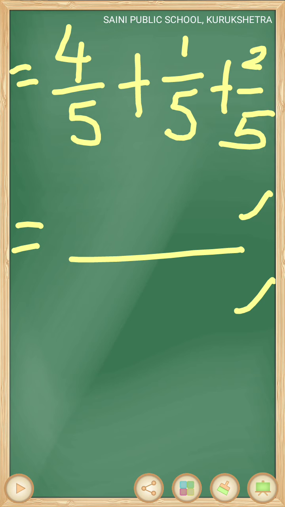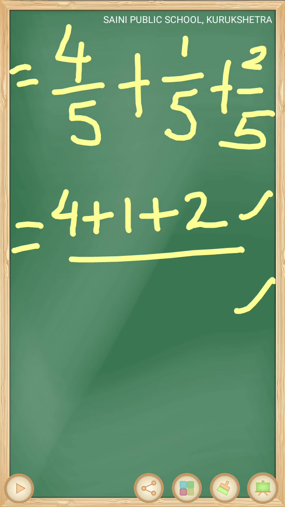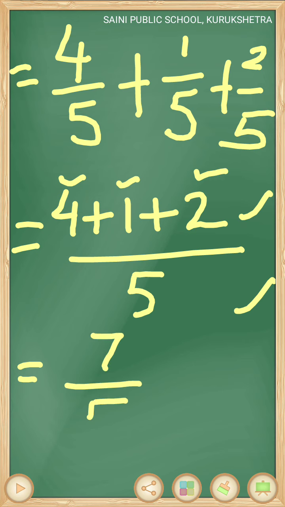So in the numerator, how will I write? I will add the given numerators, and in the denominator I will write the same denominator. Now what will be the answer? 4 plus 1 is 5, 5 plus 2 is 7. So the answer is 7 by 5. In this way we can add all fractions, whether it may be 3 fractions, 4 fractions, 5 fractions.